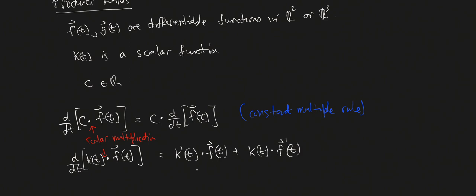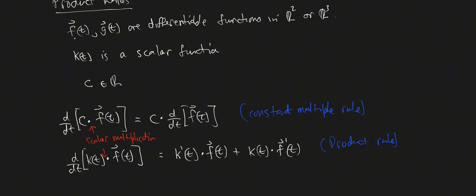So this is your basic product rule, and it would have to be applied here because now you're multiplying the vector function not by a scalar constant, but a scalar function.